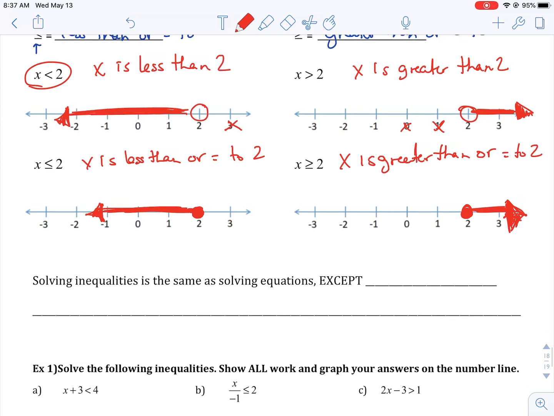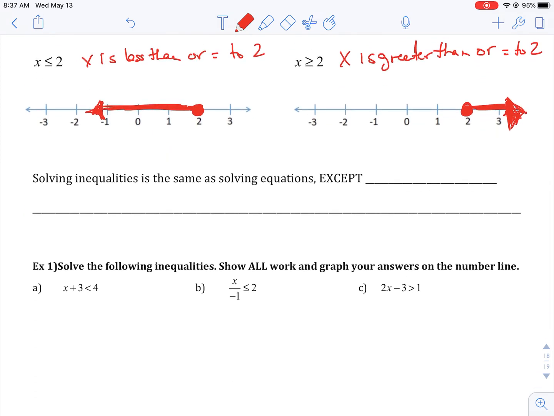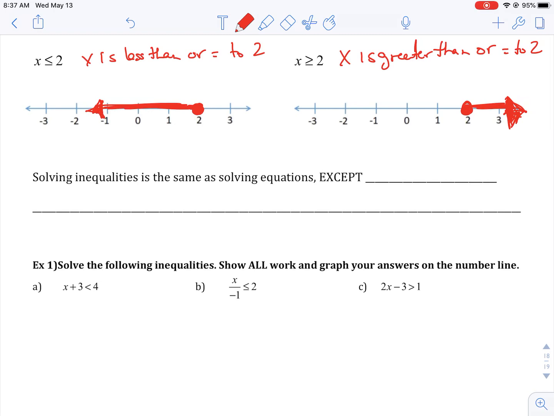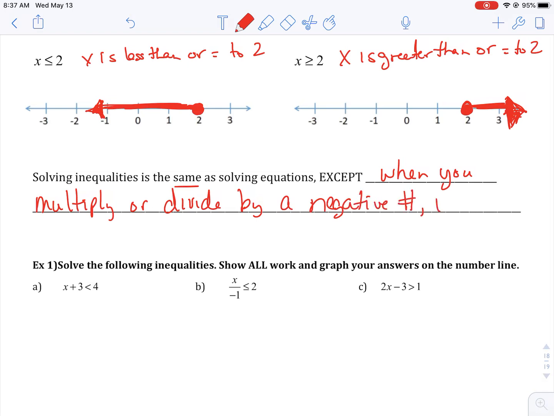Numbers to the right. All right, so the most important thing that we need to remember when we're solving is that solving inequalities is the same as solving equations, except when you multiply or divide by a negative number, you must flip the inequality sign.